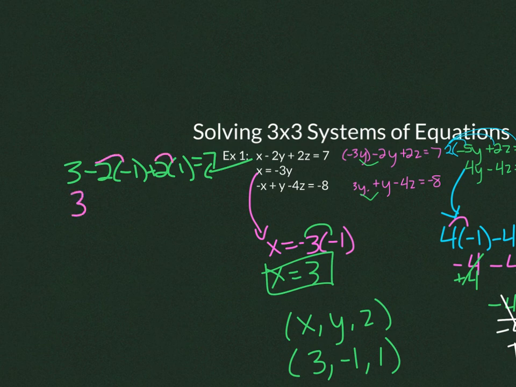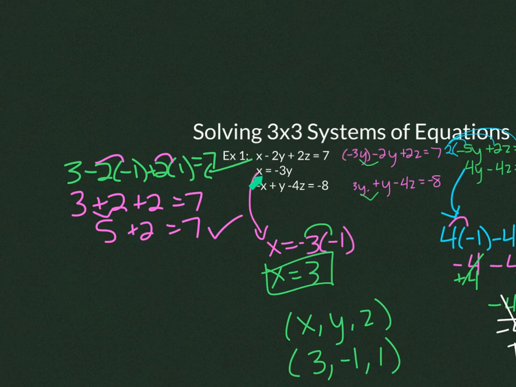So negative 2 times negative 1 is positive 2. 2 times 1 is positive 2. 3 plus 2 is 5. Plus 2 again equals 7. Absolutely, it works for that one. I can do a quick mental math for the second equation. Negative 3 times negative 1 is positive 3, which is our x value, so that one works.